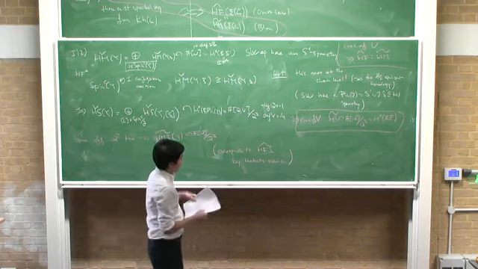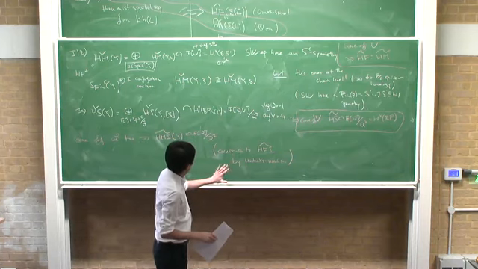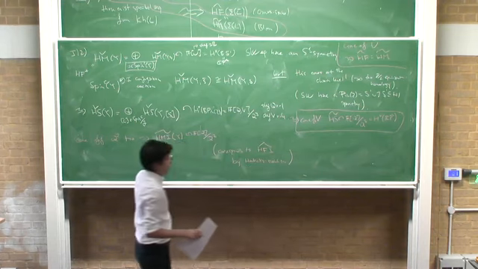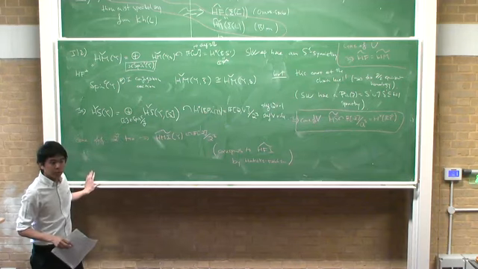Hendricks and Manolescu did all this involutive story in the Heegaard Floer setting, and the simplest version is this HMI tilde that I'm going to talk about.